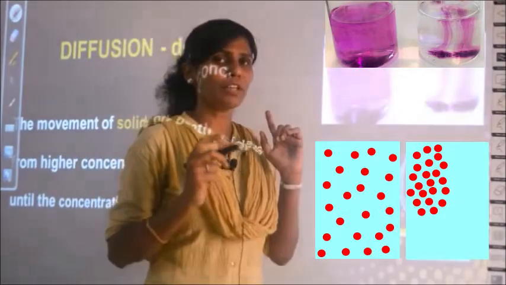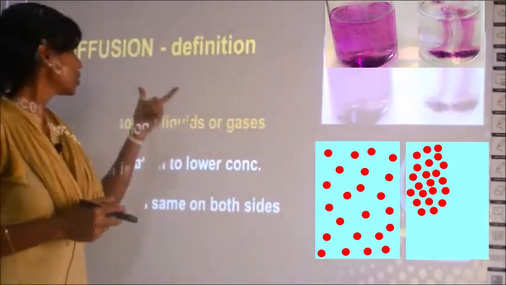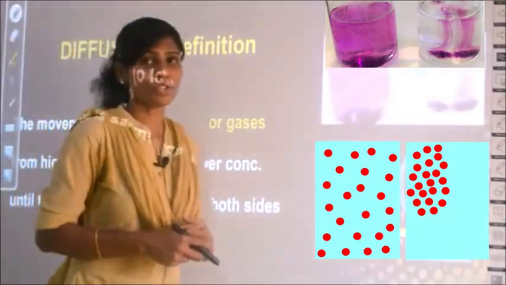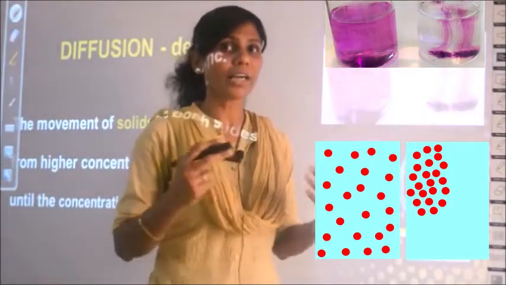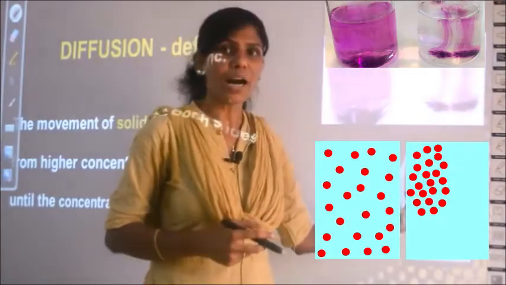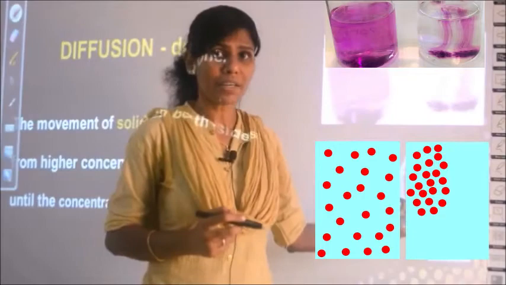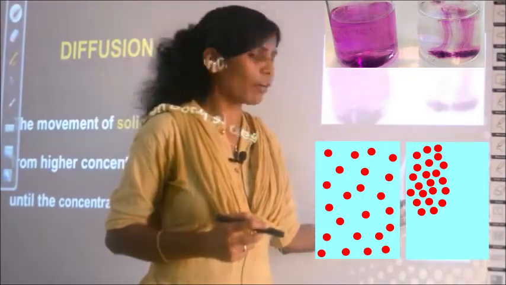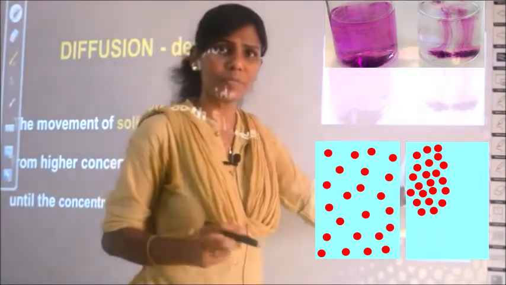Now remember the rule I taught you. What did I teach you for diffusion? Diffusion is from high to low, right? Here you have a high number of molecules. I told you these are all dye particles. And here, do you have any molecules? Nothing, right?